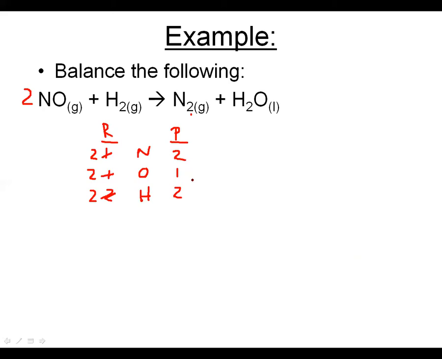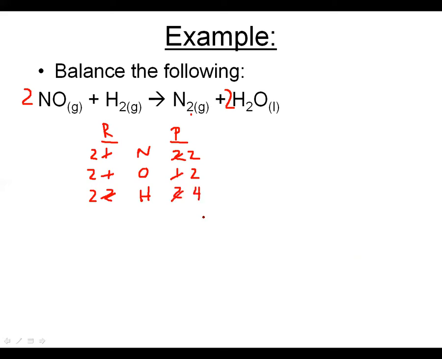So the table helps us decide the next thing that's probably easiest to do is to come over here where we have our oxygen and also put a coefficient in front, which would be a 2 in this case. This gives us 2 nitrogens on the right-hand side. 2 times 1 is 2 oxygens. And now we have 2 times 2, which is 4 hydrogens.